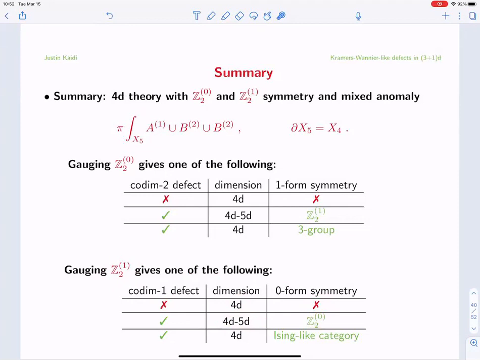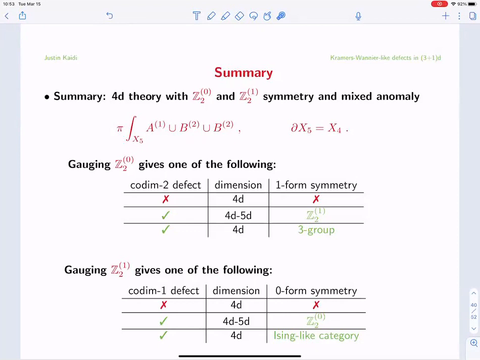And finally, I could get a 4D theory which has a codimension 1 defect, but the catch is that now this codimension 1 defect is non-invertible. Okay, it's a Kramers-Wannier-like defect. So this is the main point. I'm now going to give you some examples, but are there any questions on the general idea?